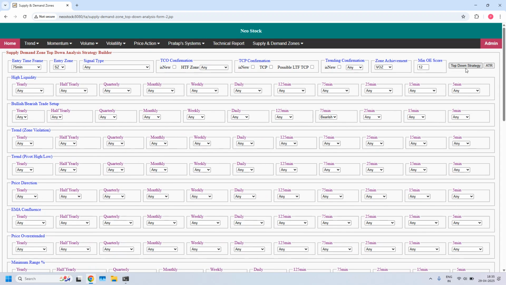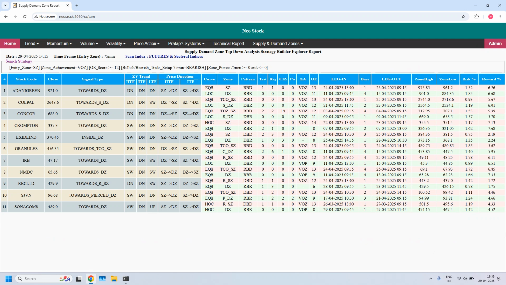With these filters, we got 11 stocks. All these 11 stocks are supporting the bearish trade setup for weekly income trade, and the entry time frame zones are 75-minute supply zones.